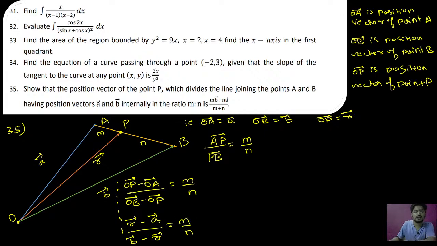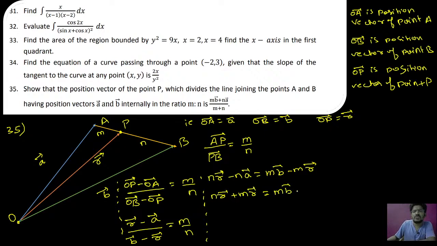Now make cross multiplication, that will be n vector r minus n vector a equals m vector b minus m vector r. Okay, so now from this what we have, n vector r plus m vector r equals m vector b plus n vector a.